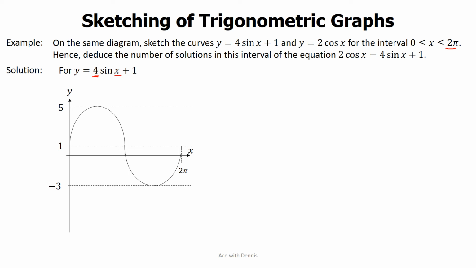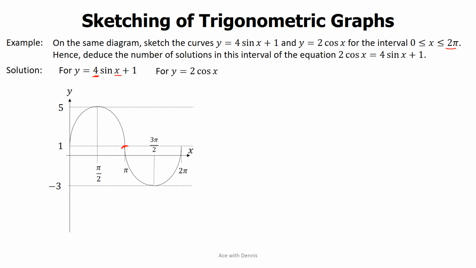The middle of this graph, remember, is this point. It is pi. Between 0 to pi, it will be pi over 2, which is the maximum value 5. In between pi to 2 pi, it is 3 pi over 2, which is the minimum value, negative 3. So this is the graph of y equals 4 sine x plus 1.